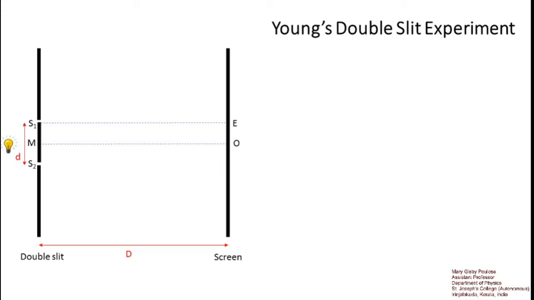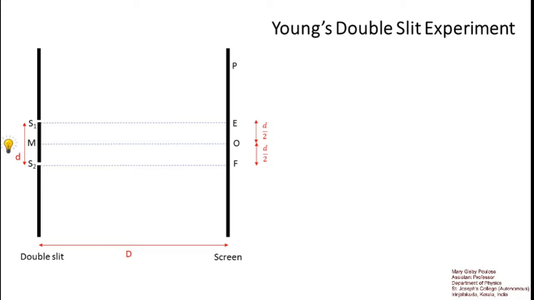And let us draw a perpendicular from S2 to the screen. It will meet the screen at F. Now the distance OE is half d and OF is half d.